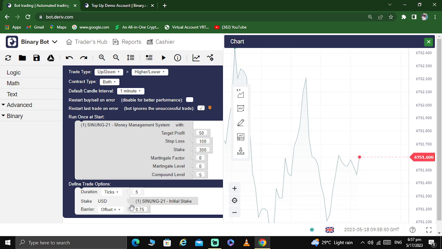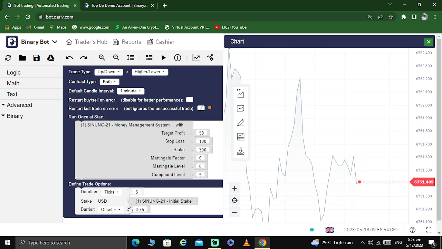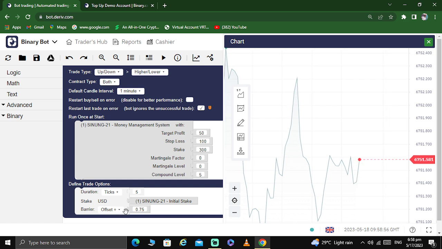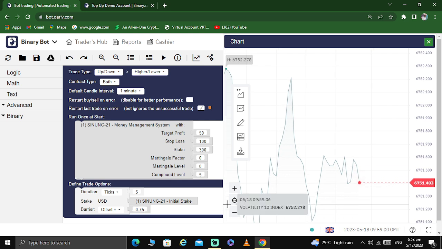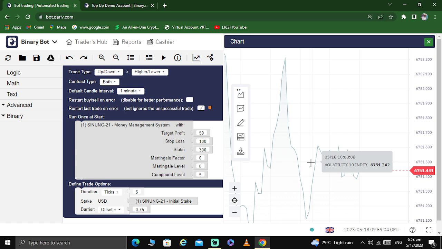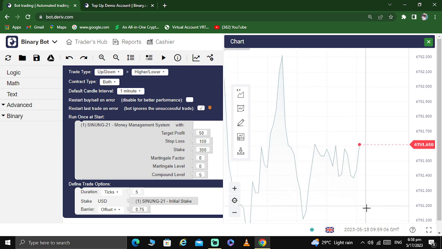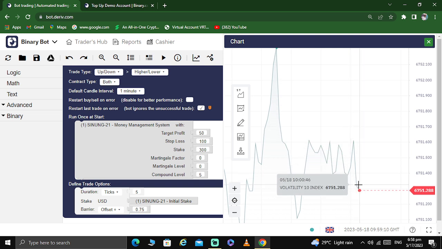It uses 5 ticks, and I'm going to be using an offset barrier of plus 0.75. So basically, the strategy I'm going to be using is that whenever you see the bot going downwards with a high tick, this is a high tick downward movement.